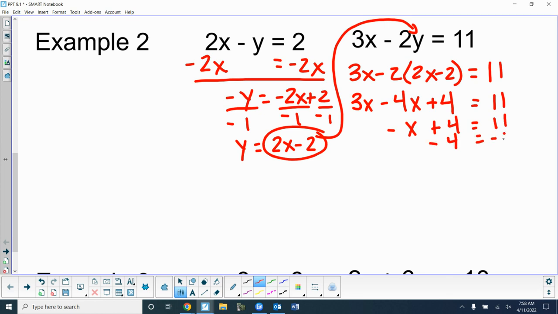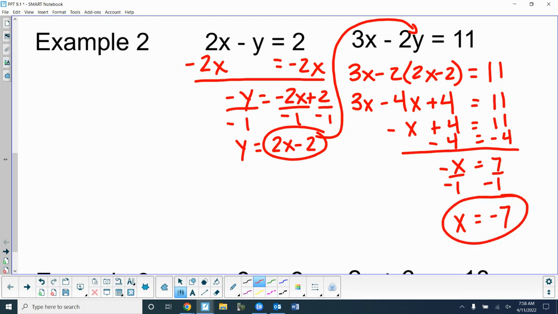Subtract 4. Negative x is 7, so we have to divide by negative 1 again to get positive x. So there's our x value. And then I'm going to go here to find my y value.